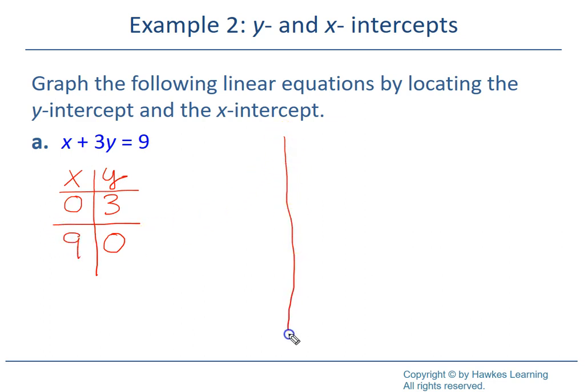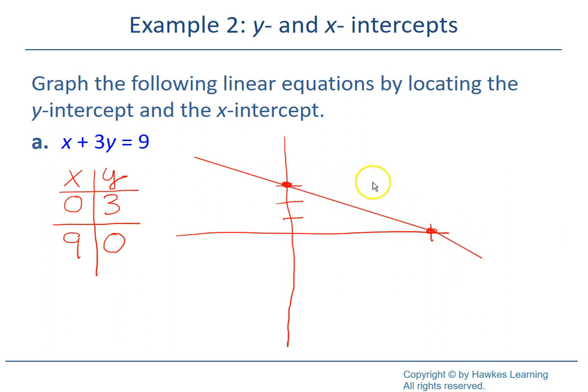So if we make our graph, we're going to have 0, 3, 1, 2, 3, a dot there, and then 9, it's going to be out here, comma 0. There are your y-intercept and x-intercept.